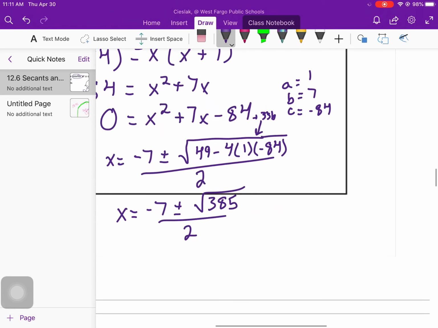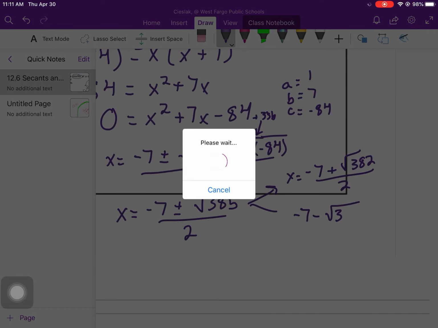So this branches off into two different answers. It would be x is equal to negative 7 plus the square root of 385 over 2, and negative 7 minus the square root of 385. Oh my gosh, what a pain in the butt.